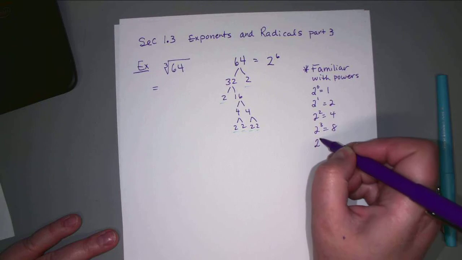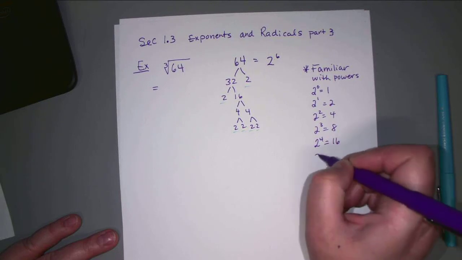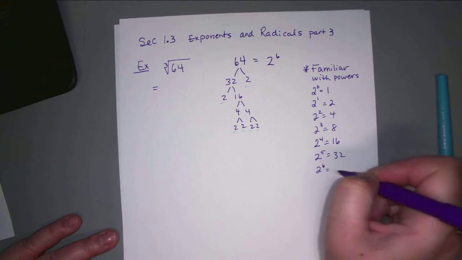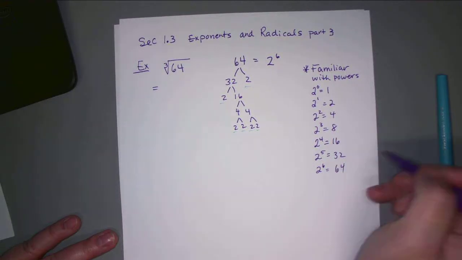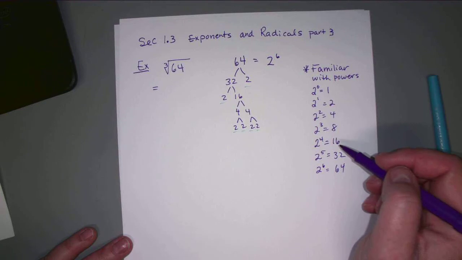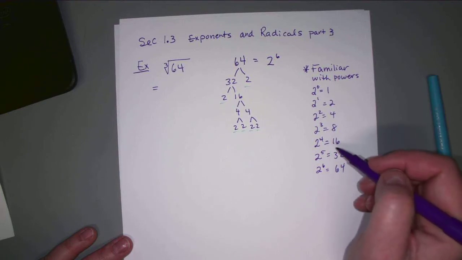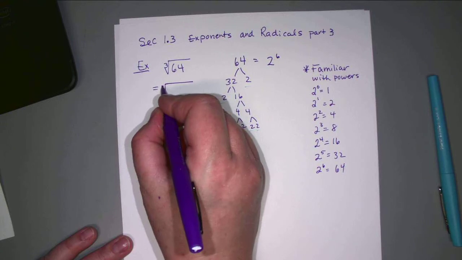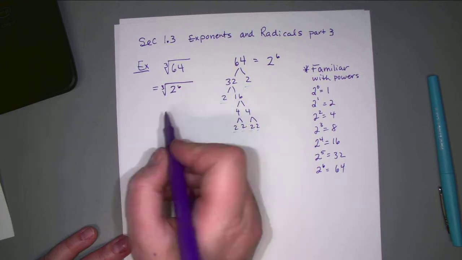And if you're familiar with these, it will help you. And this is really as far as you need to go, but you could go further to 128 and so on, but you should be familiar with those. So if you see like a 16, you know that that's a power of 2, that you can write it as a power. Okay, so back over here, 2 to the 6.